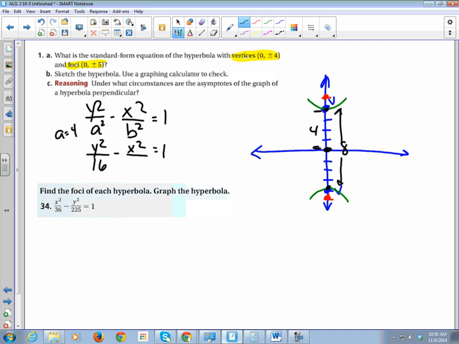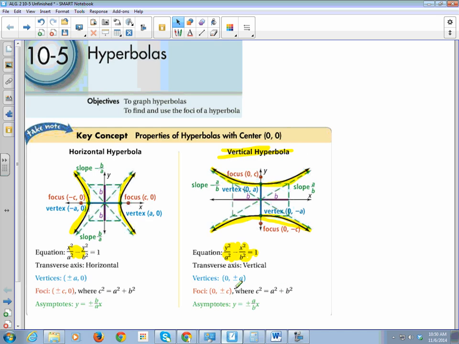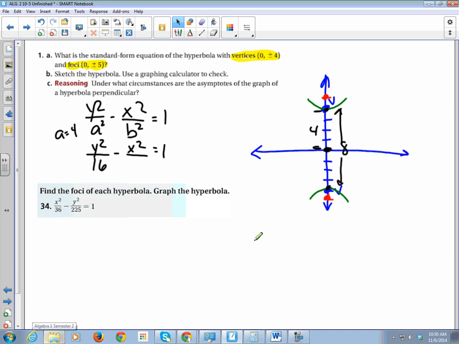We need to find our b squared value, and we're going to do that by using the focus and working our way backwards. So if we look here, our focus c squared is equal to a squared plus b squared. So let's backtrack.